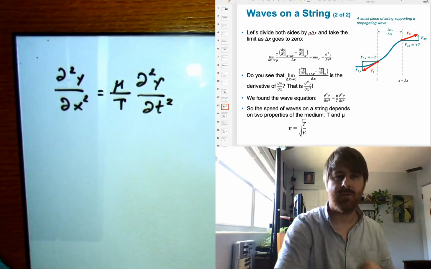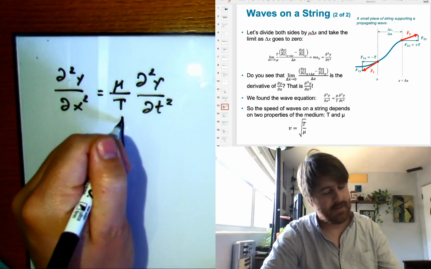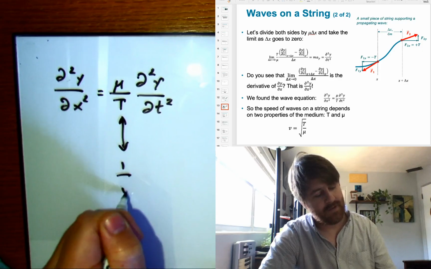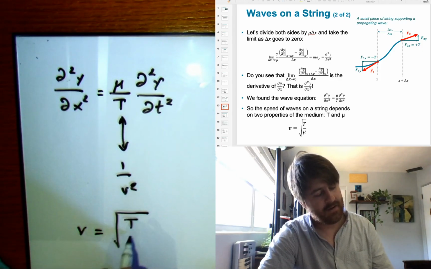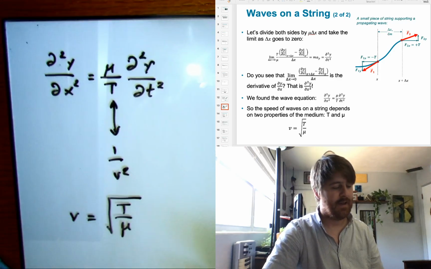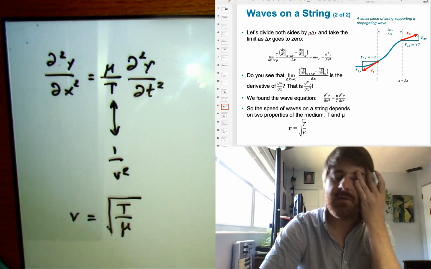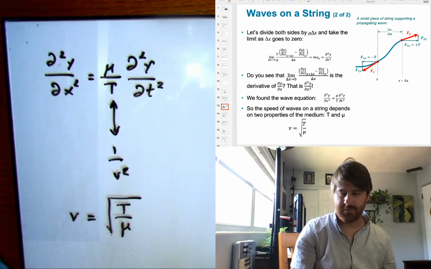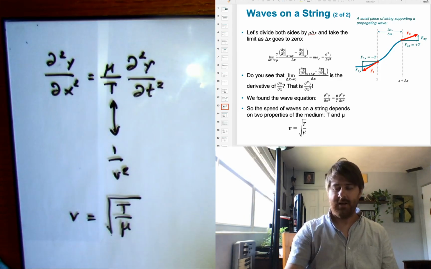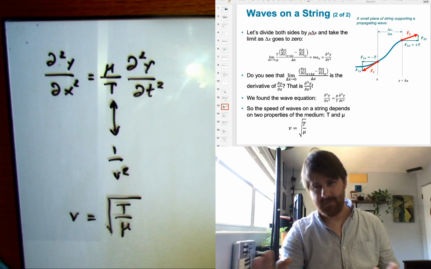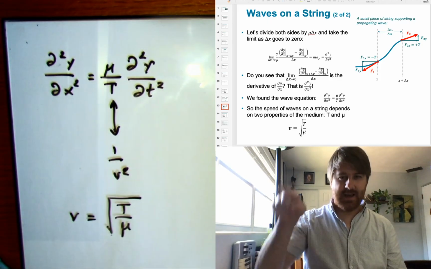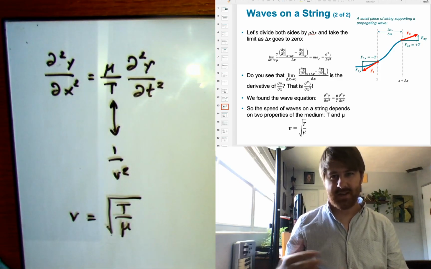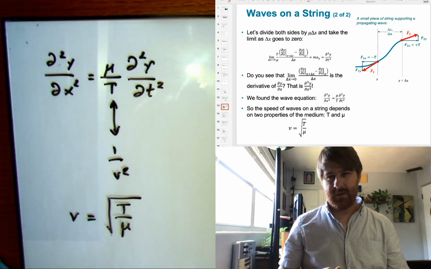Hey, that's almost the wave equation as long as this is 1 over v squared. So that tells us v has got to be the tension in the string divided by the linear mass density, and then take the square root. Those are the two properties of the string medium on which the velocity depends. That's the velocity of the propagation of energy, not the up and down velocity of any bit of the string, which is given by the derivative of y with respect to t.